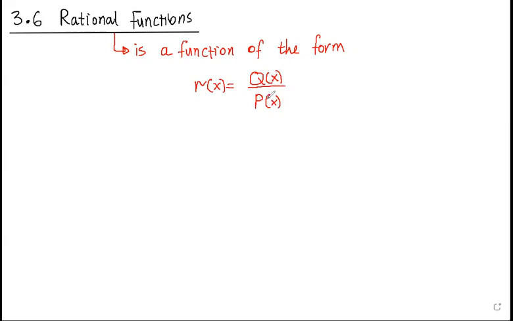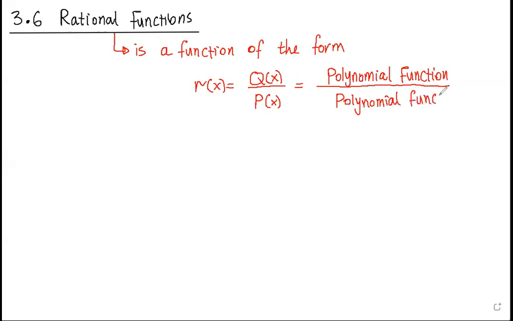What is q of x and b of x? They are polynomials. So here I can say it is a polynomial function over a polynomial function. So a polynomial function over a polynomial function is called the rational function. Okay.